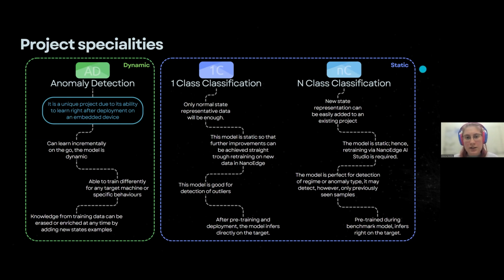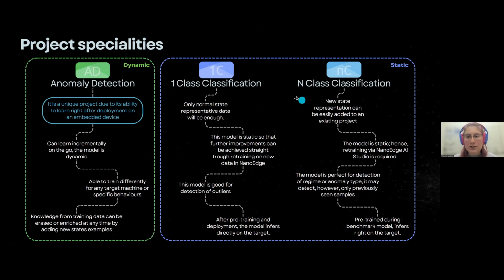And there are static models like one-class classification and N-class classification. They are static because every time you have some changes in your system or in your data, you have to retrain it and reinstall your software to the target. So mind that, please. But they have a huge plus.